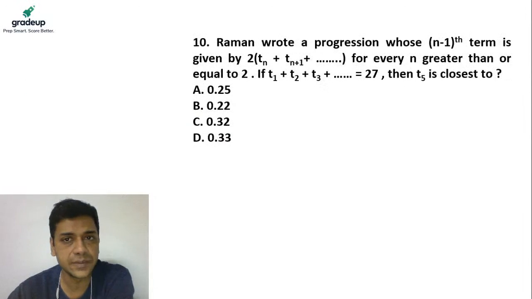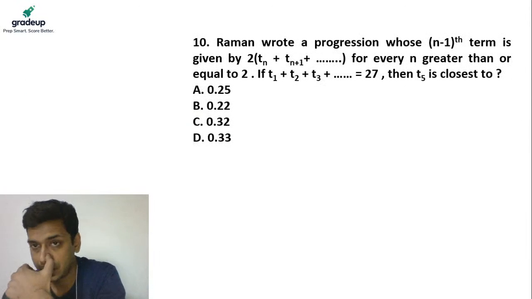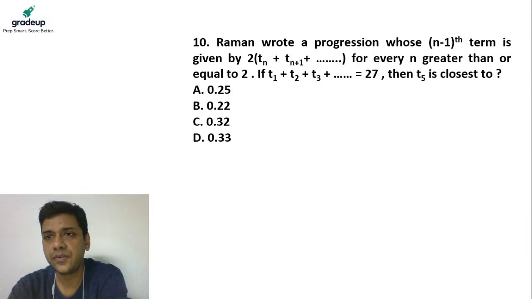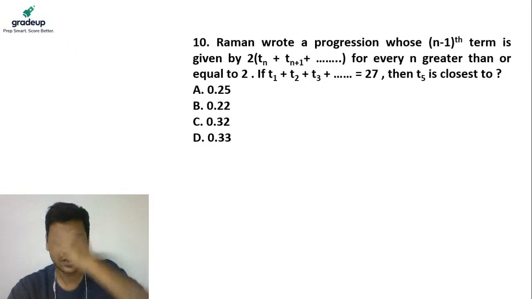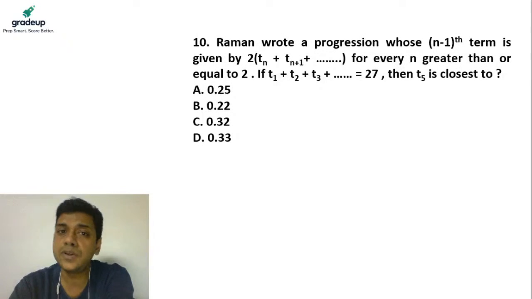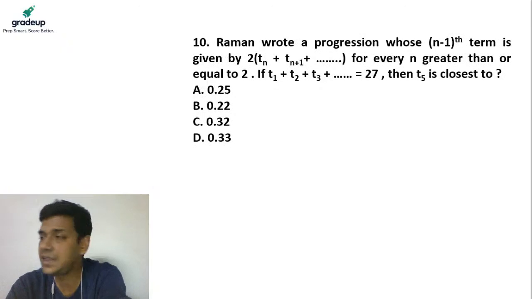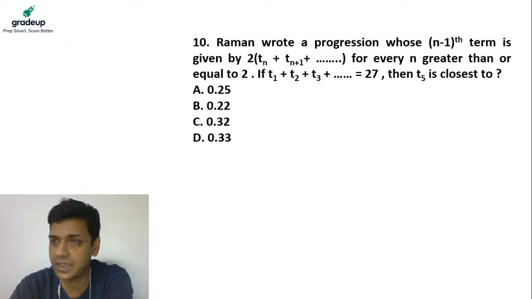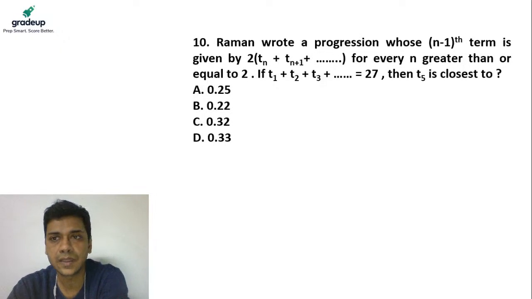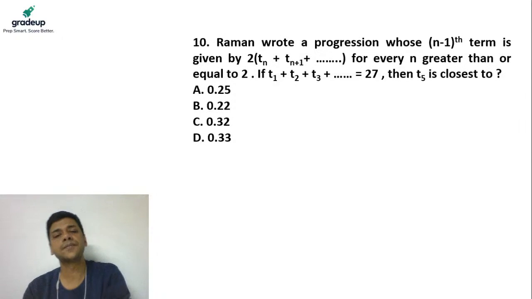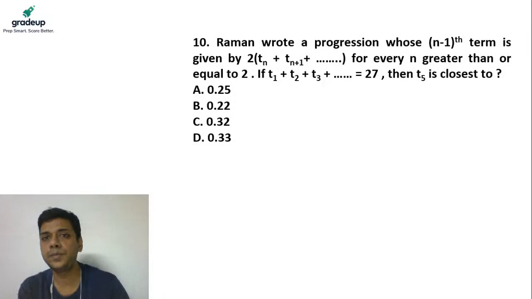Okay, move to the next one. Raman wrote a progression where the (n minus 1)th term is given by 2 times (tn plus t(n+1) plus t(n+2) and so on), for every n greater than 2. Now t1 plus t2 plus t3 up to infinity is 27.